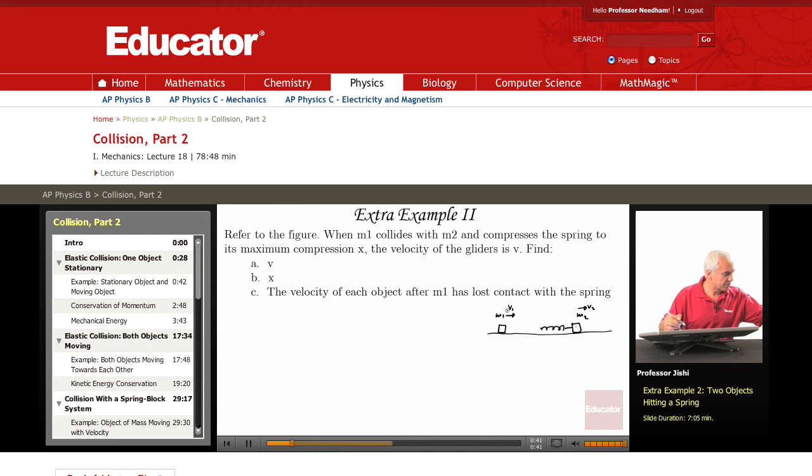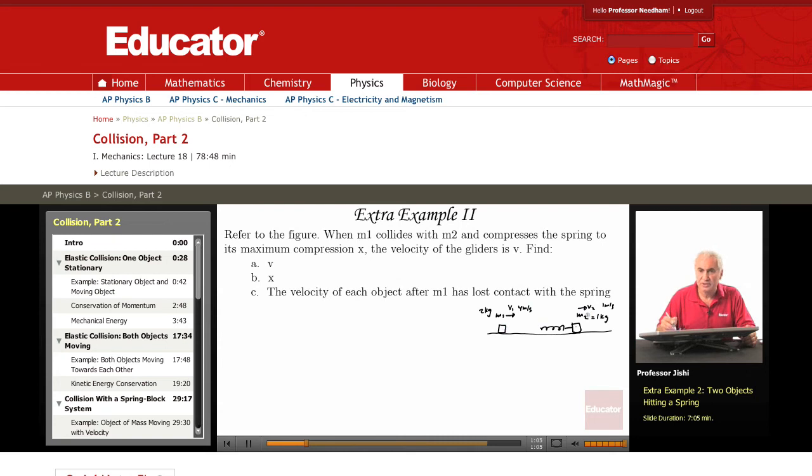Now, the information we're given here is that M1 is 2 kilograms and v1 is 4 meters per second. M2 is 1 kilogram and v2 is 1 meter per second. So they collide.